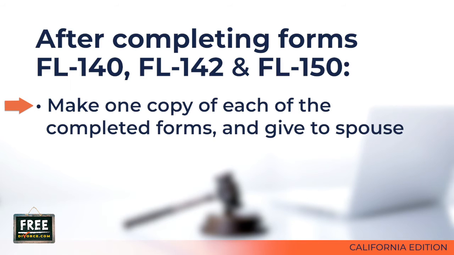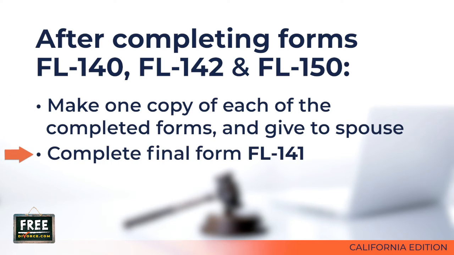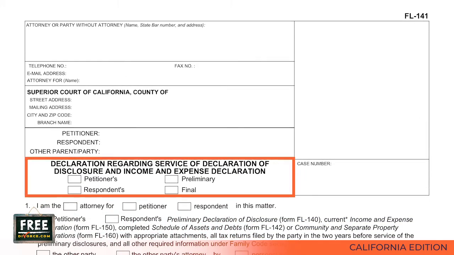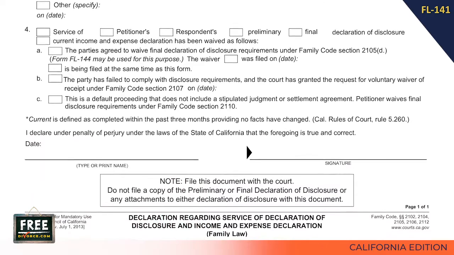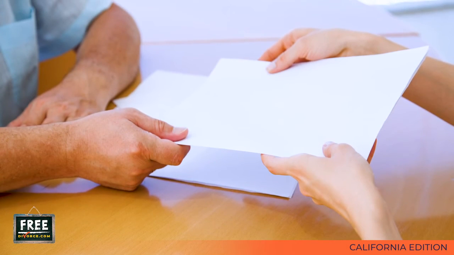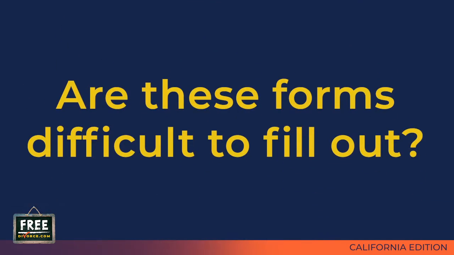After you have given your spouse the copies, you can complete the final form that makes up the preliminary declaration of disclosure. And that final form is the Declaration Regarding Service, or FL-141. This is a 1-page form which confirms to the court that you completed your disclosure forms and gave a copy to your spouse. Are these forms difficult to fill out?